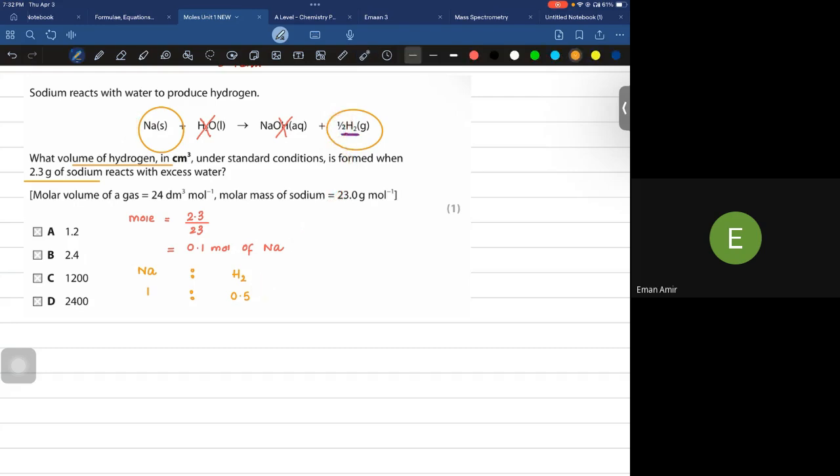So I have calculated the moles of Na, that is 0.1. So what would be the moles of hydrogen? Can you tell me an answer? X would be equal to 0.1 into 0.5 divided by 1. Can you tell me an answer? 0.05 moles of hydrogen, right?